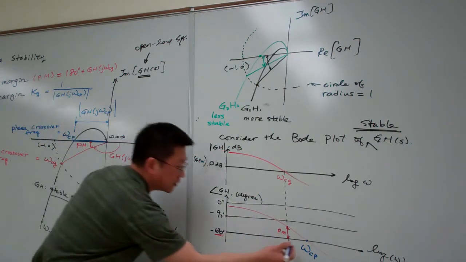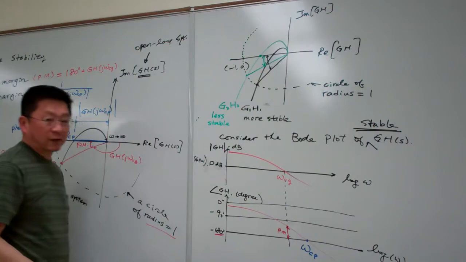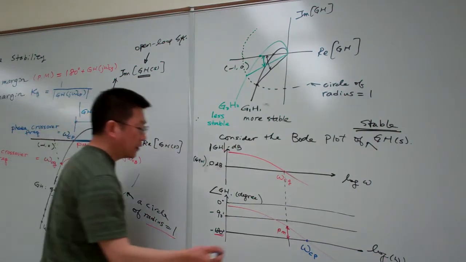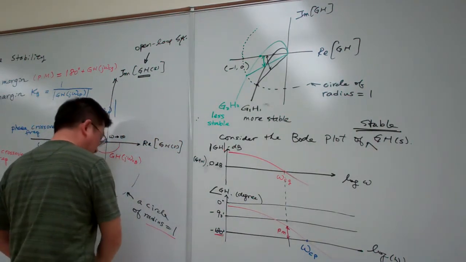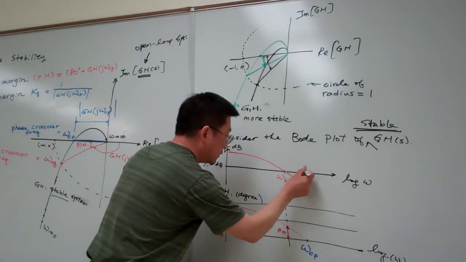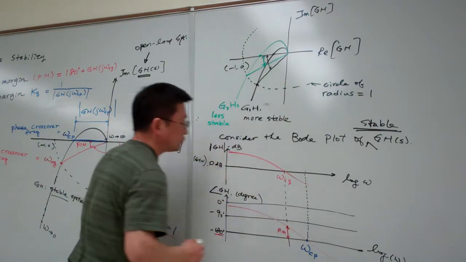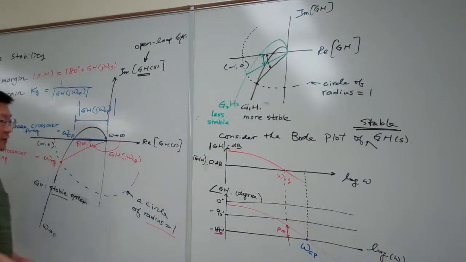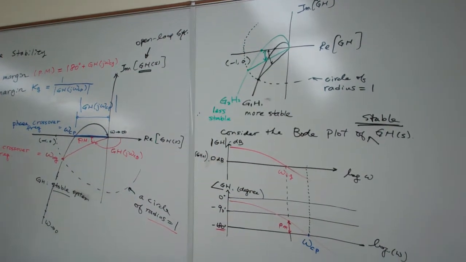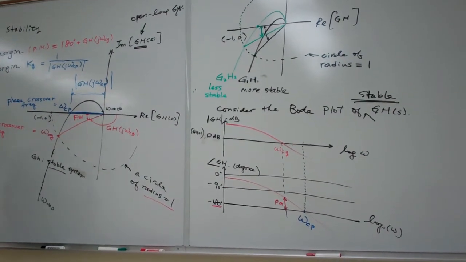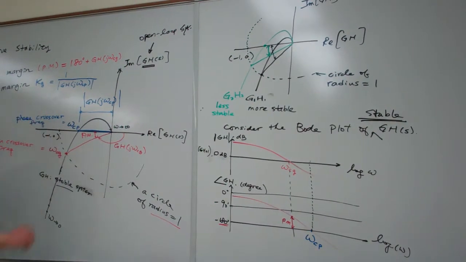This frequency is defined as omega CP. We're good? Okay, so under that situation, we can mark that one here. So now you can see the gain margin basically is defined by this one.